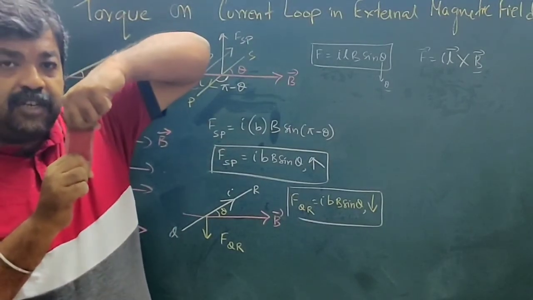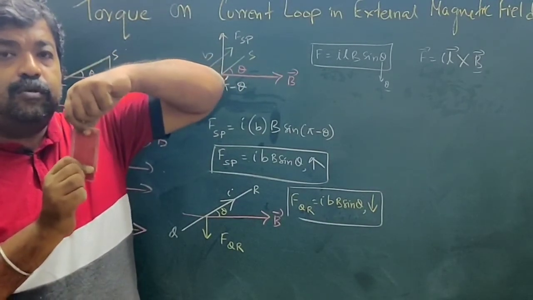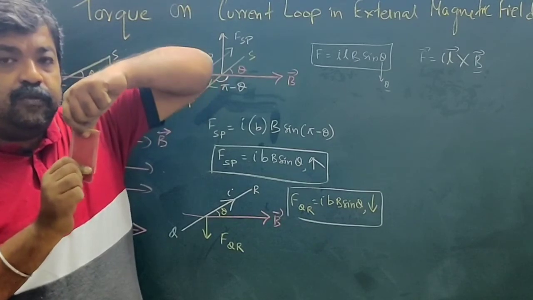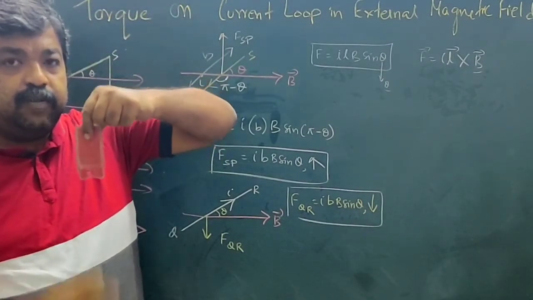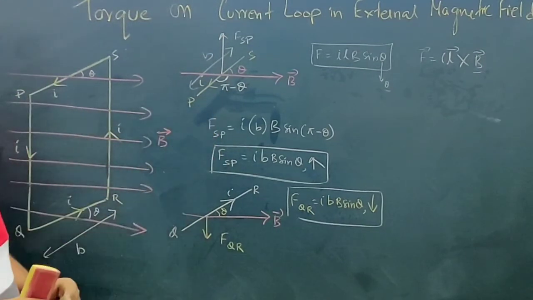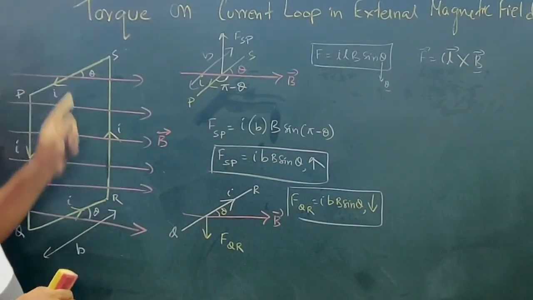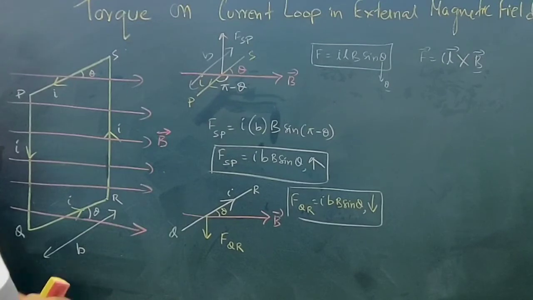So there will be no translation, and there will also be no torque. These two forces will cancel. One force is acting in the upward direction, one in the downward direction, so they will cancel, and the net force is 0 along the vertical direction.